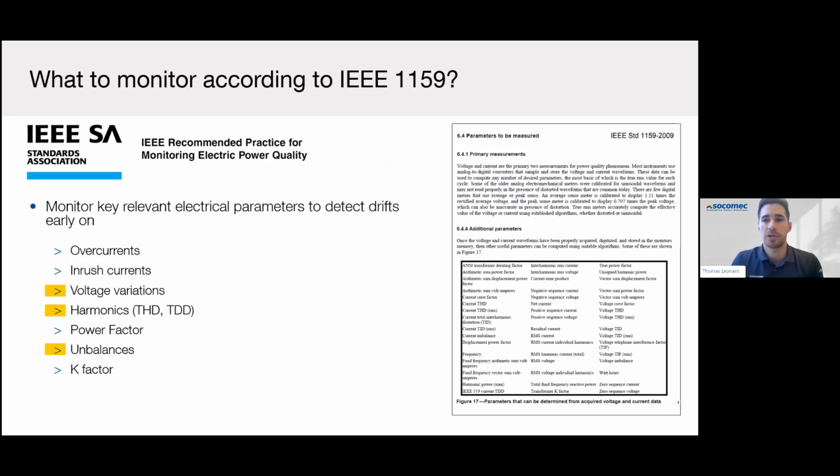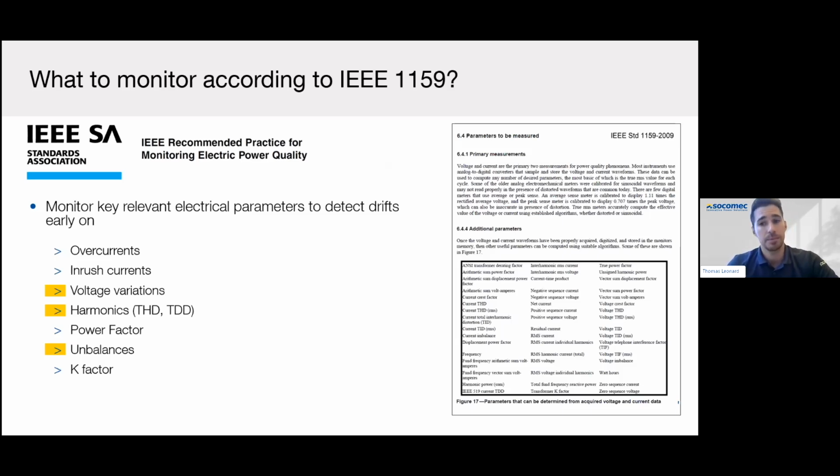It talks about both external disturbances and internal, which is the main difference with some of the European standards. So it's looking both at events coming from the utility and events that can originate from your own facility. It talks about the effects that those disturbances can have on equipment.